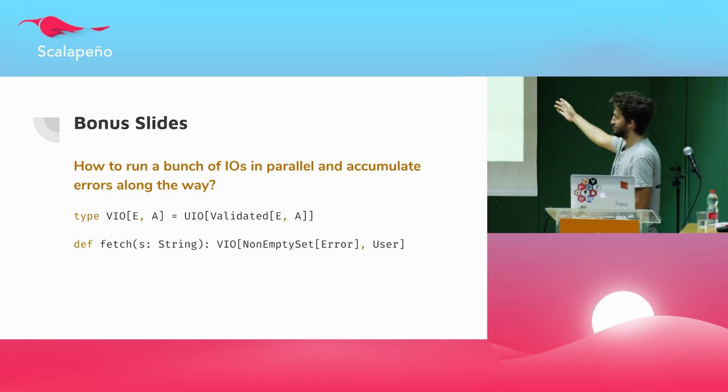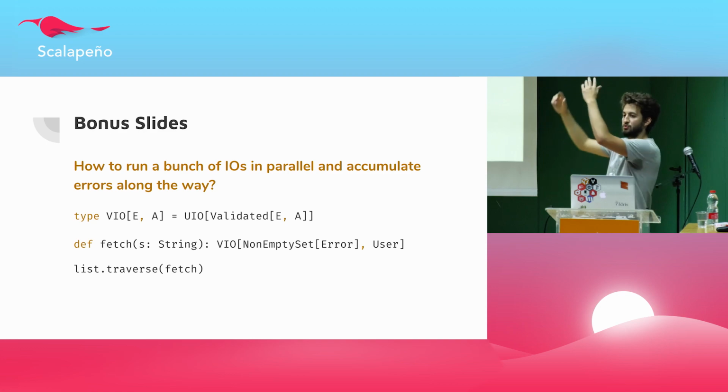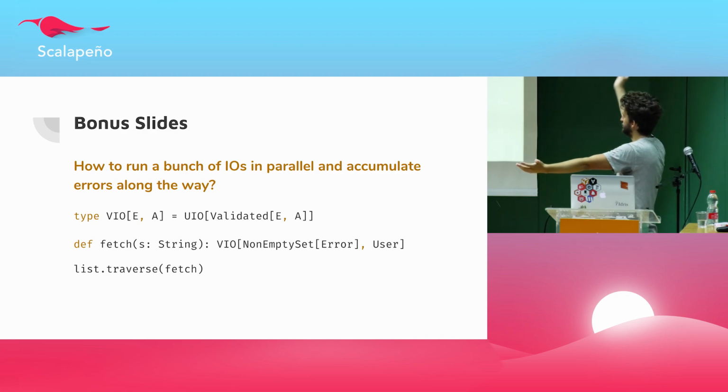And now we can basically use it just like we use the Validated type and say that, hey, instead of short-circuiting, we're just going to accumulate errors along the way. And now we have this fetch that takes a string and either returns a non-empty set of errors or a valid user, and then we can just traverse it, and then we do what we said at the top. And I had to mention traverse because no one had yet before.